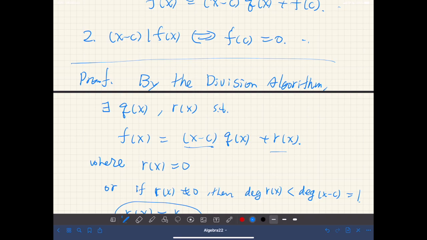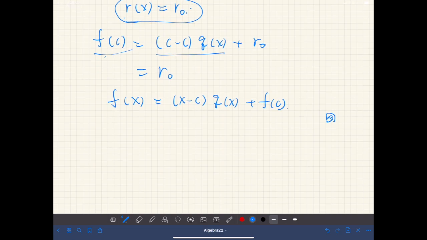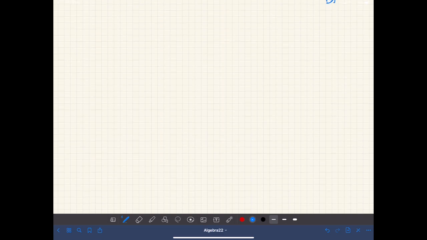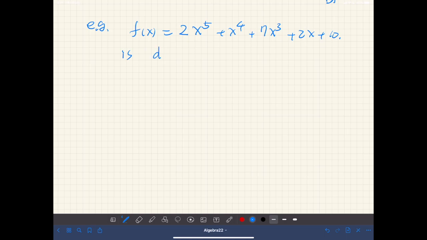Let's see an example of how to apply this theorem. Suppose we have a polynomial 2x to the power of 5, minus x to the power of 4, plus 7x to the power of 3, minus 2x plus 10. Now, this is divisible by x plus 1. Why?